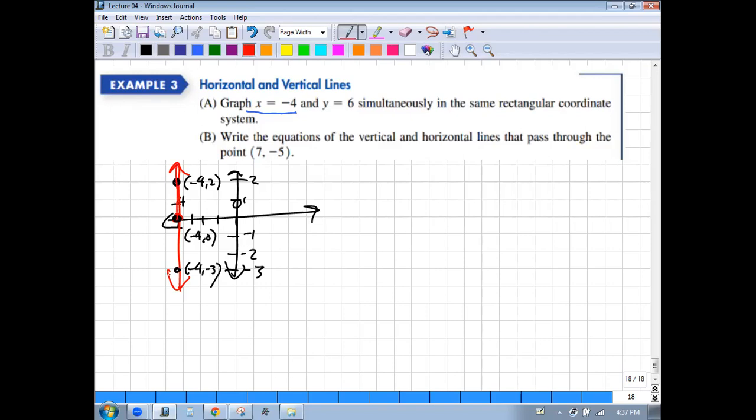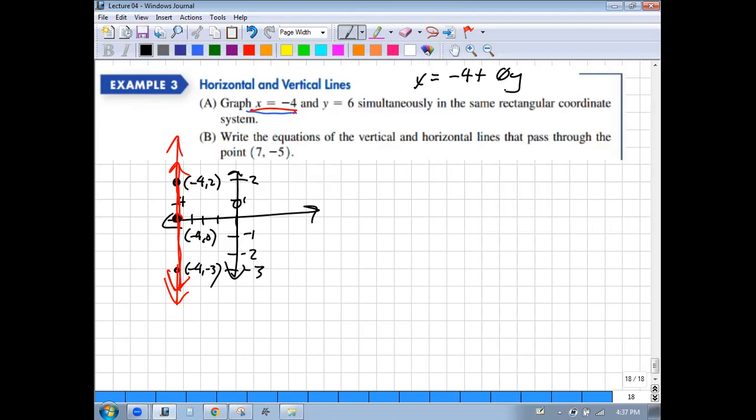This vertical line, every point on it has an x value of -4. The y value is anything you want. You can go all the way up to infinity and all the way down to negative infinity. So if they say graph something and there's only an x, what they really mean is x equals -4 plus 0y.